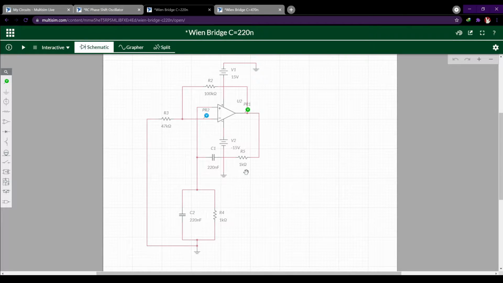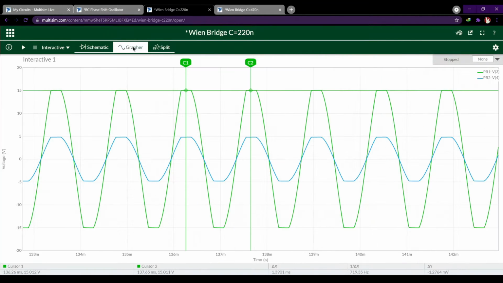For Wien bridge, we use a positive feedback, so the output will become the input for the positive input of the operational amplifier. As you can see, there is no voltage in. So for the Wien bridge oscillator, when we simulate, the graph will get like this.